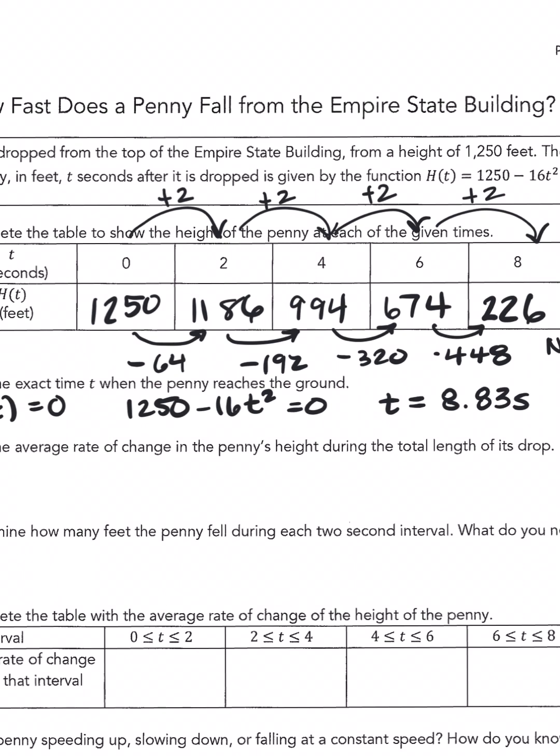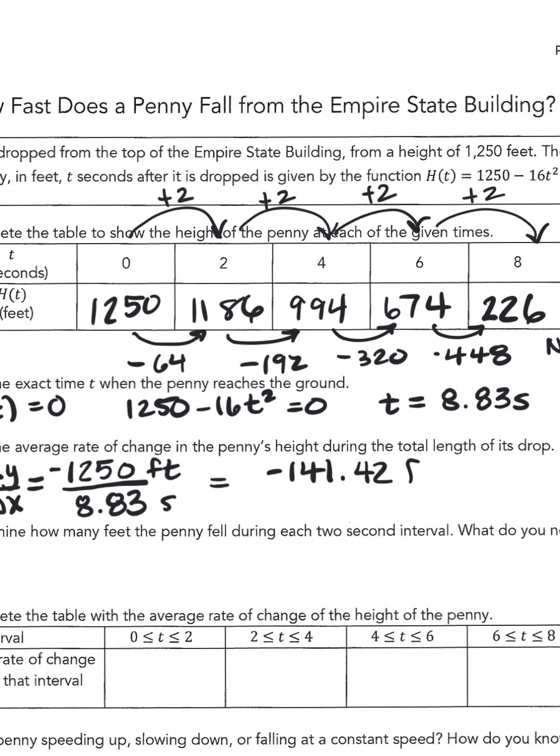Now it says find the average rate of change of the penny's height during the total length of its drop. So the total length of its drop, in other words, it's change in y over change in x. Change in y is going to be negative 1,250 feet, because it's starting at 1250 and going to 0, right? All right, divided by 8.83 seconds. That gives us negative 141.42 feet per second.